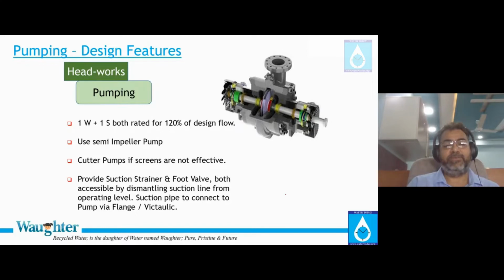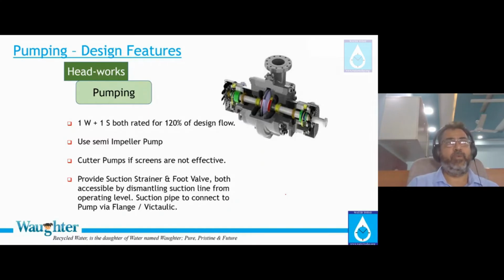So I've seen some designs where there is this foot valve and suction valve, but it is not accessible. You have to think of draining the tank. Then, sir, we have a dewatering pump. We pump all the water out of this tank. Then some person will go down. I'm sorry, all this is very bad design. So it should be open from the top, at the ground floor level only, where the operator is sitting.